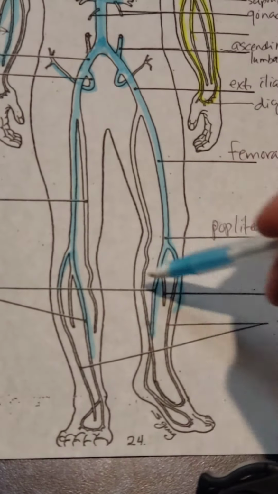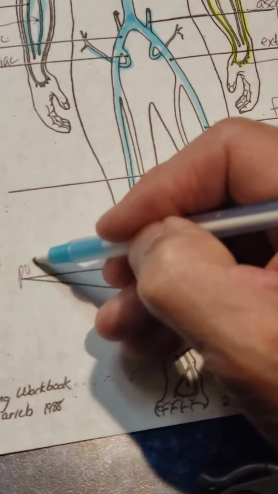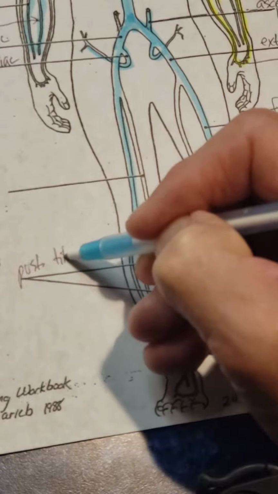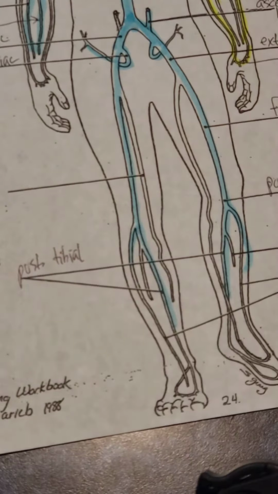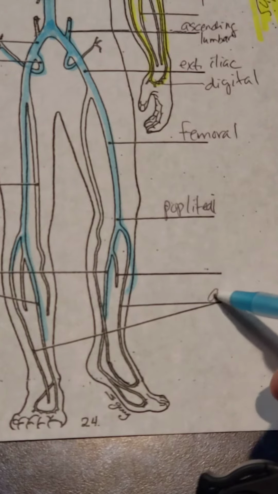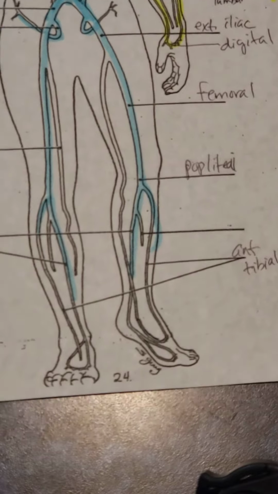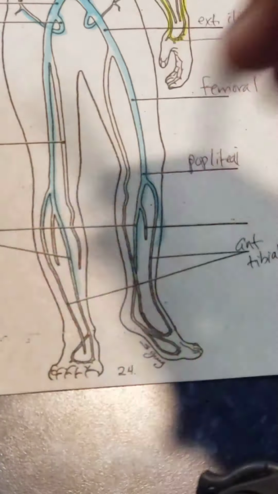Then these two are pointing to the ones behind. So this is our posterior tibial veins here, and the one in the front right here is going to be the anterior tibial veins. We have a couple down in the foot that we have to cover.